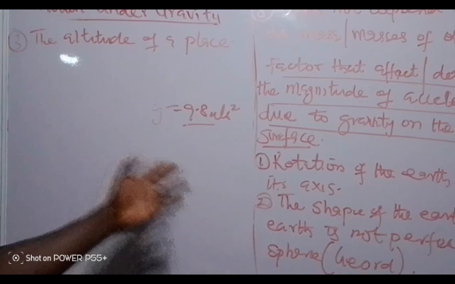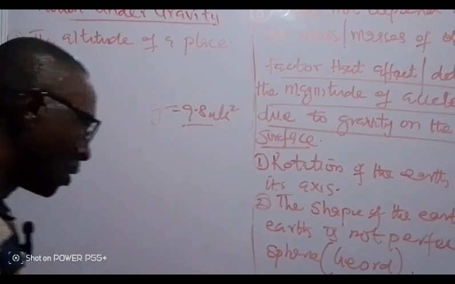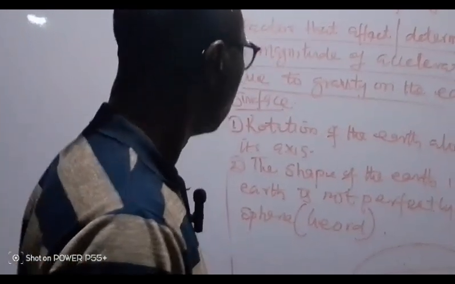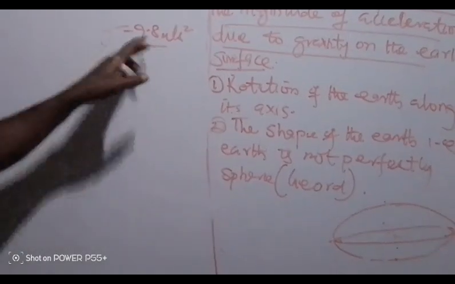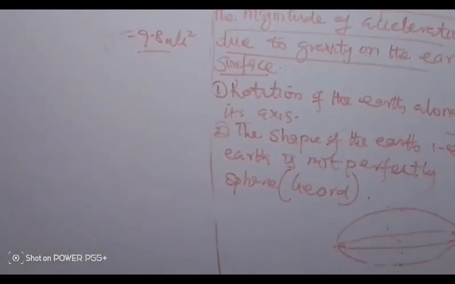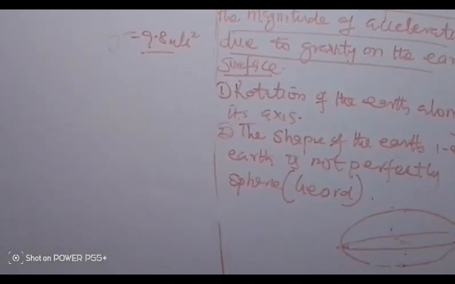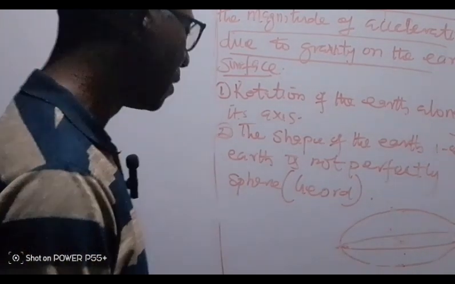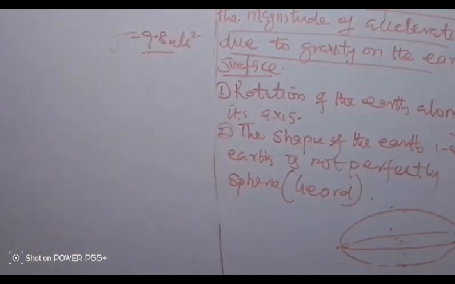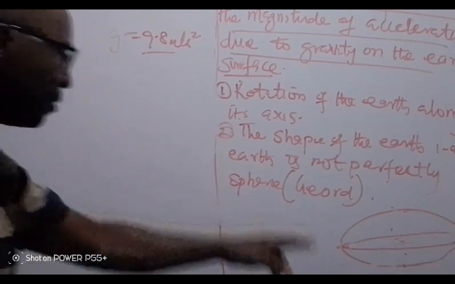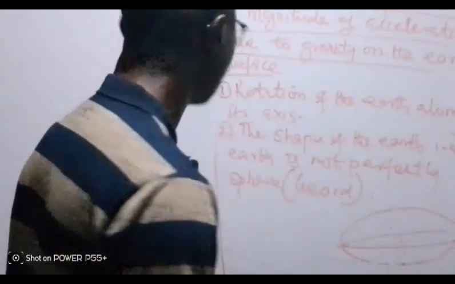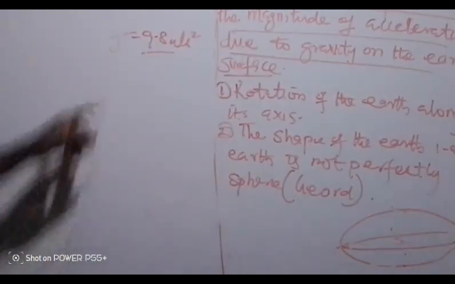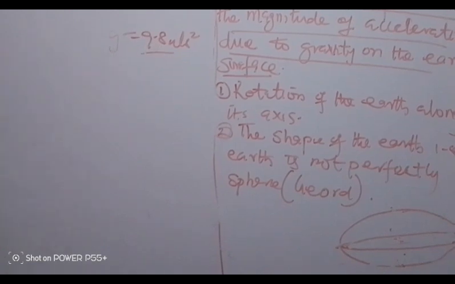As I said, on the equator, the constant value of G is 9.8 meters per second squared. What does that mean? It means that the force of gravity on an object on the equator is increasing its velocity by 9.8 meters per second.